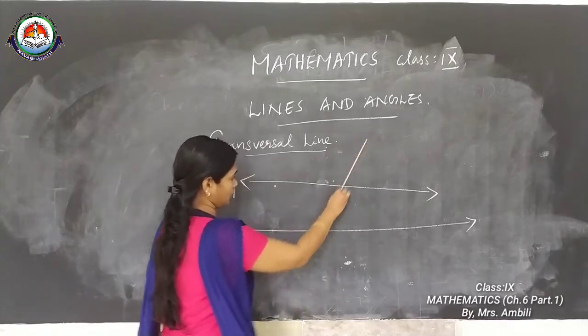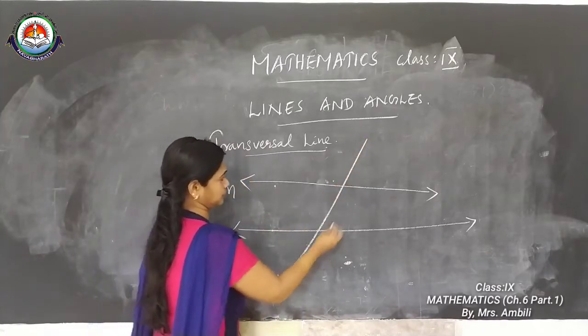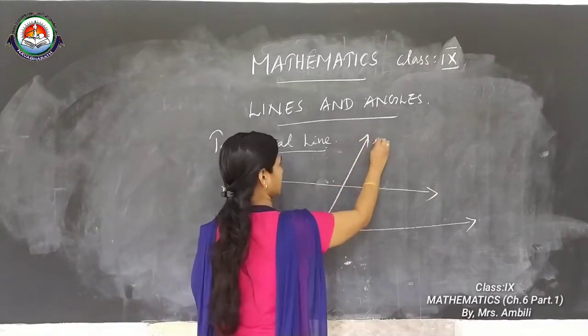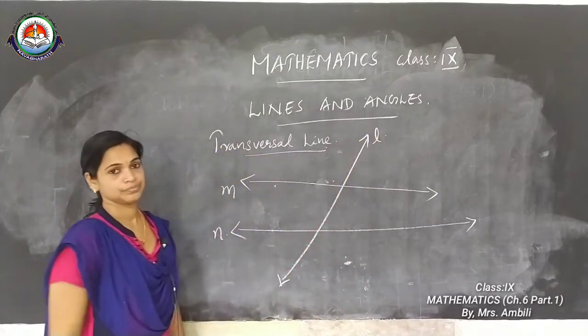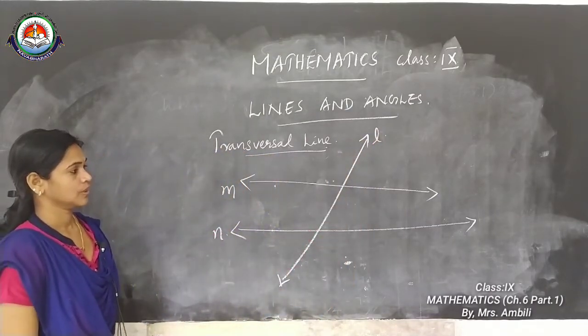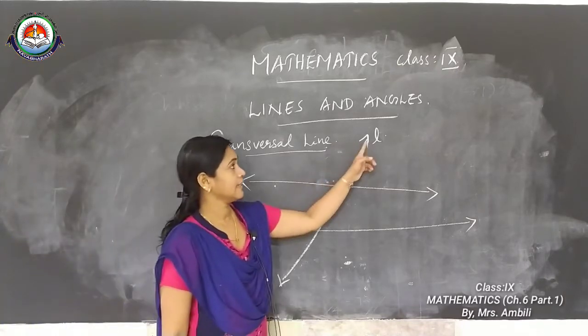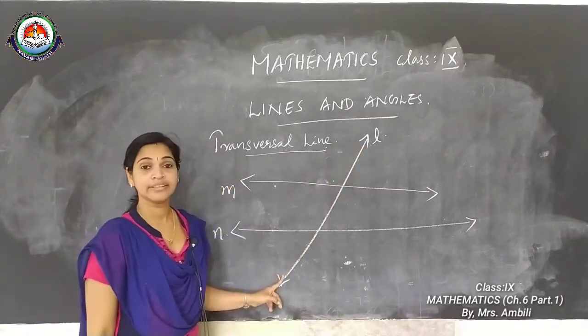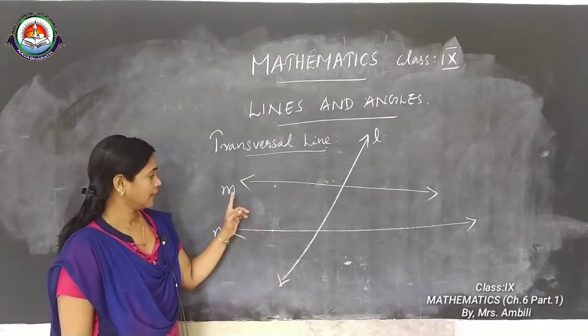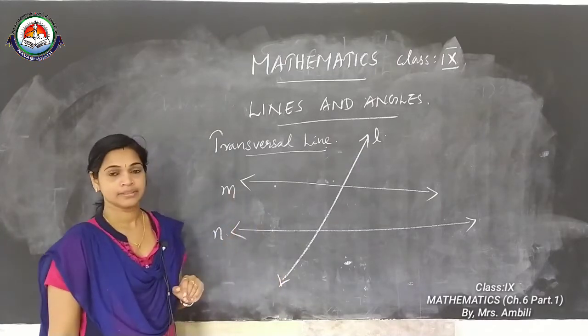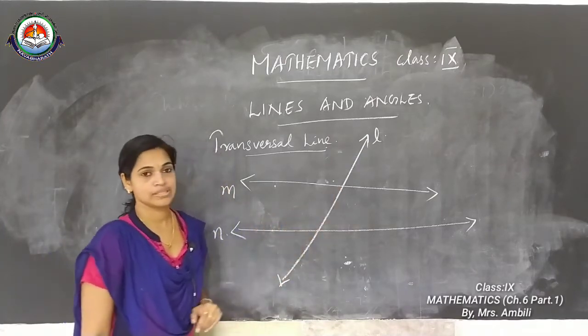Then I draw one more line like this, L. Here line L intersects line M and line N at two distinct points.